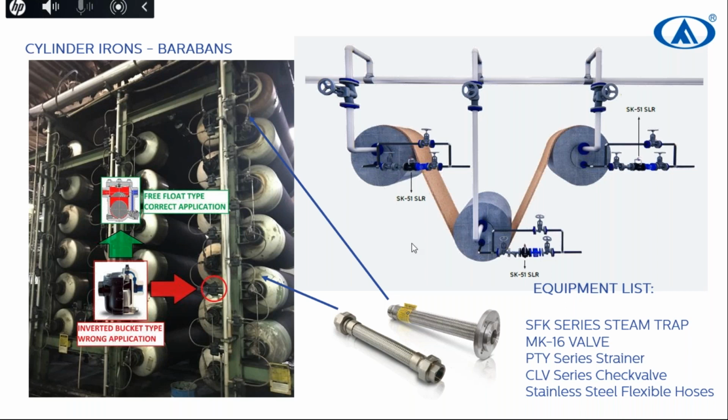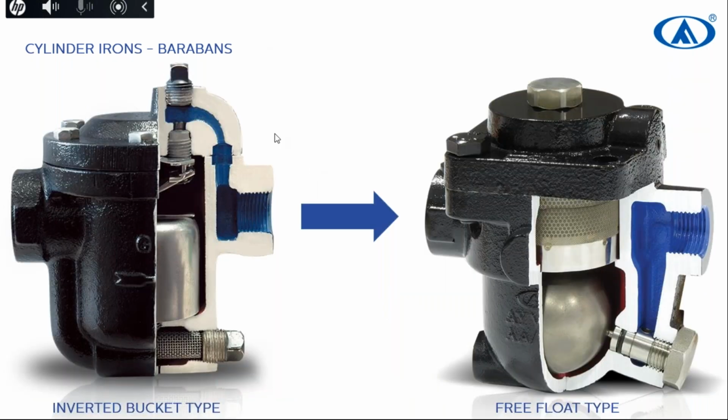And also the common mistake is inverted bucket type application. The body of the inverted bucket type and the free float type is quite the same, but the working principles are not the same.